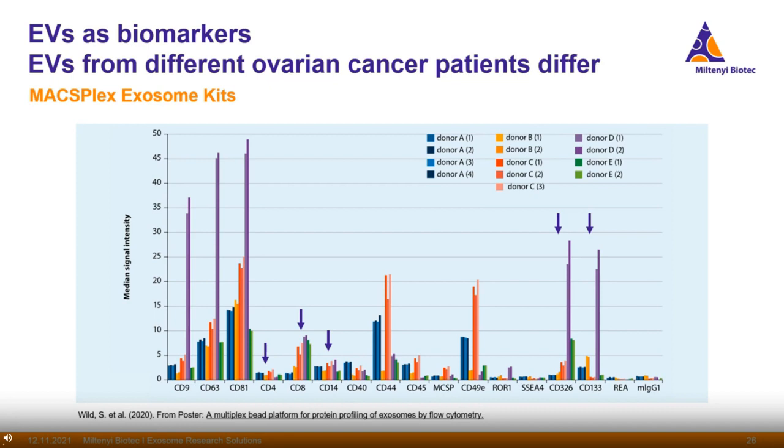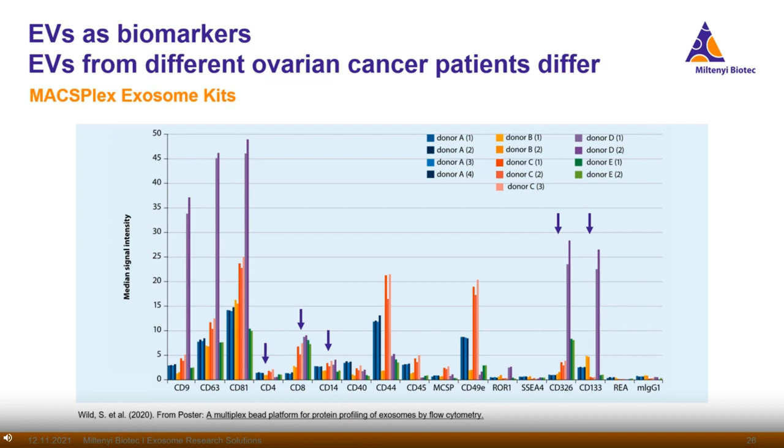And the results of the bead-based assay show that besides the common exosome markers like CD9, CD63, and CD81, also markers were detected indicating blood cell-derived vesicles, which include CD4 and CD8 for T cells and also CD14 for monocytes.